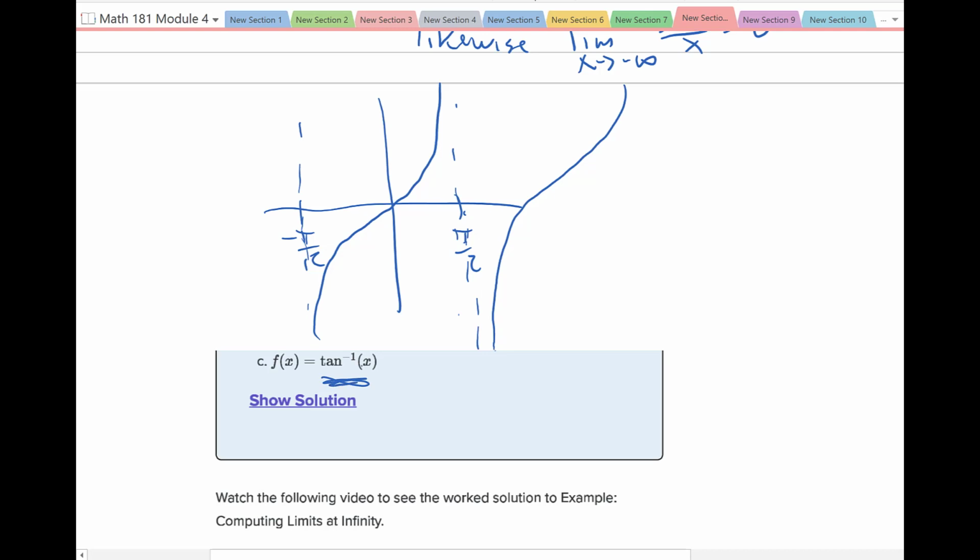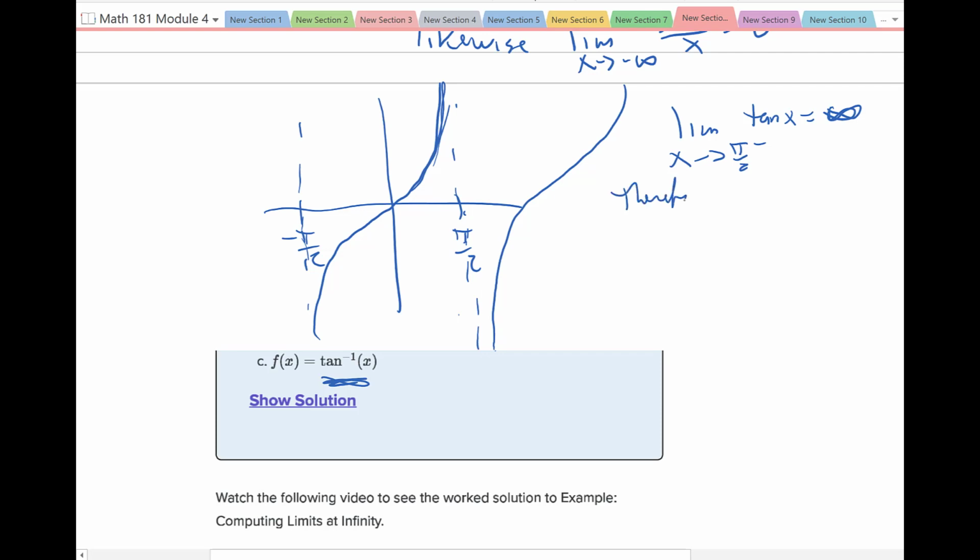So we can say the limit as x approaches pi over 2 from the left side, what we're seeing here on this left side over here, of tangent x, that's going to become infinity. So we can then consider what's happening with the reciprocal function.